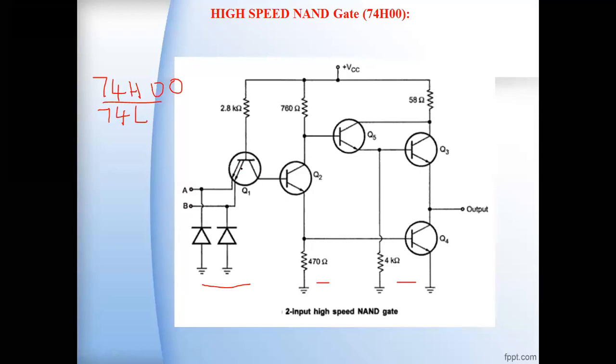Even if you take the equivalent circuit of a transistor, the transistor is a three-terminal, two-junction semiconductor device. Because of the two junctions, two diodes can be realized internally.